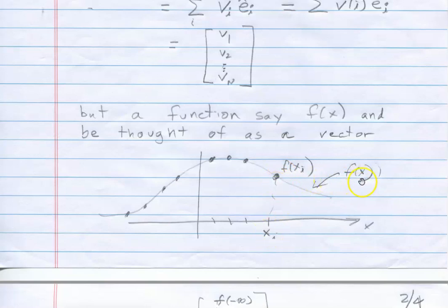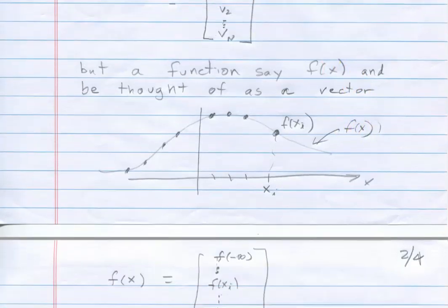So one can think of a function of x as an infinite dimensional vector where x labels the component, corresponding to the i's up here in these relationships, and the value f corresponds to the value of that particular component associated with the component x.